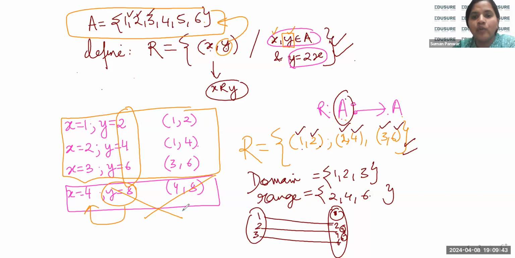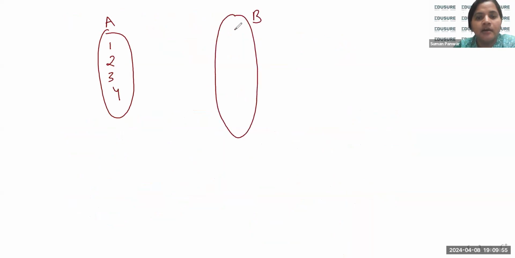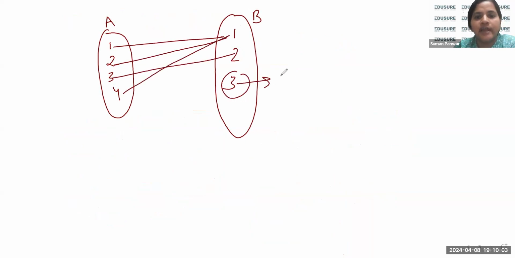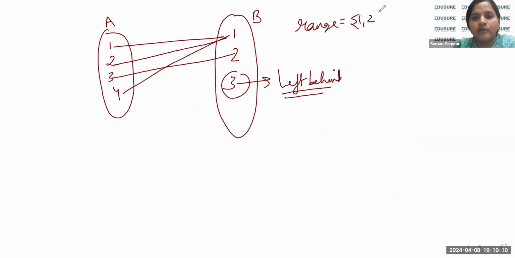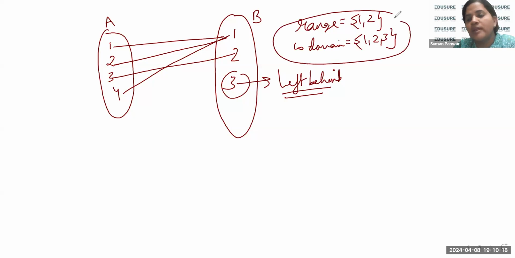For example, if you have a set A here, {1, 2, 3, 4}, and a set B here, {1, 2, 3}. 1 is mapped to 1, 2 is mapped to 1, 3 is mapped to 2, 4 is mapped to 1, and 3 is left behind. So here your range is the set {1, 2}, and your codomain is the set {1, 2, 3}. Range and codomain are not the same.